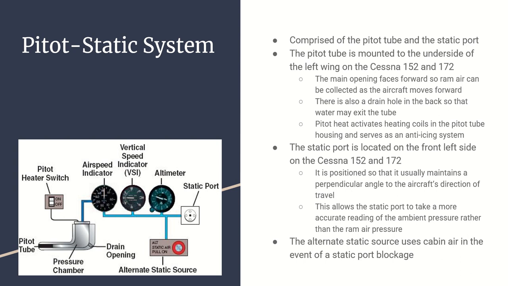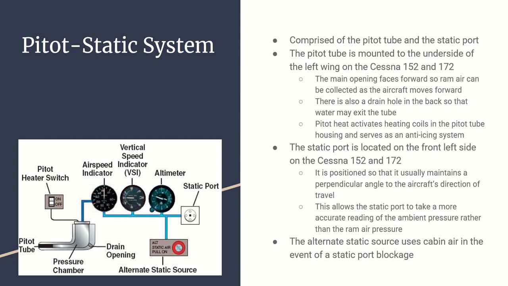give us accurate readings. And it's really important for the airspeed indicator to give accurate readings because, as you can see, it's also connected to a pitot tube, which hangs out underneath the left wing on the 172 or 152. Basically, it is an opening that's extended into the direction of the wind that collects air that moves backward. We call this ram air pressure, and it's sent to the instrument.